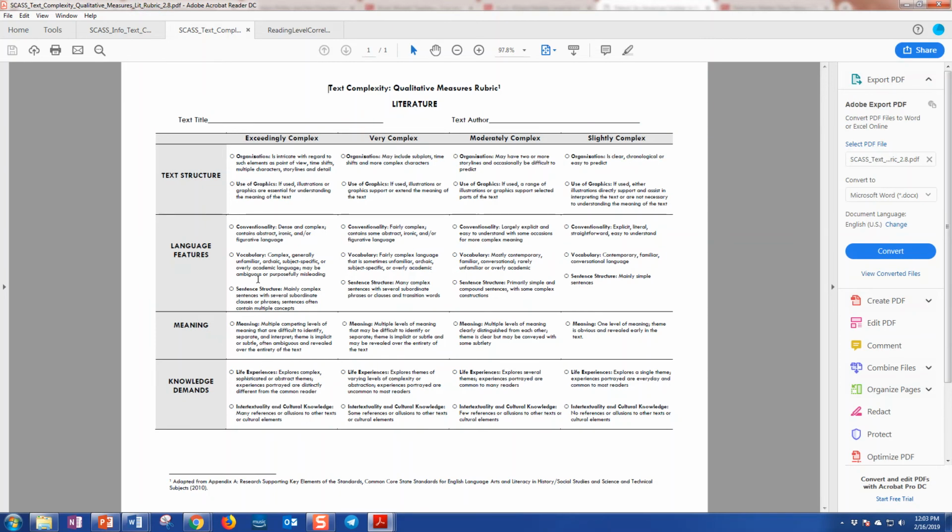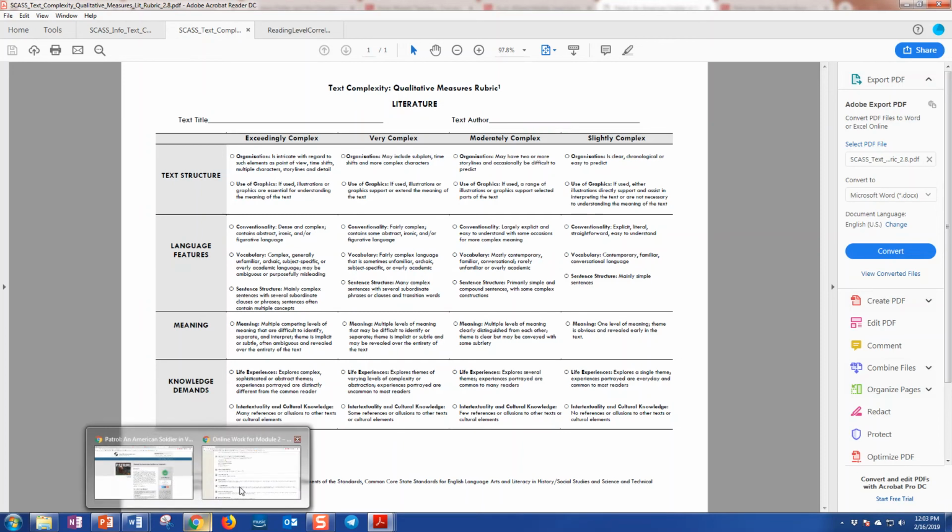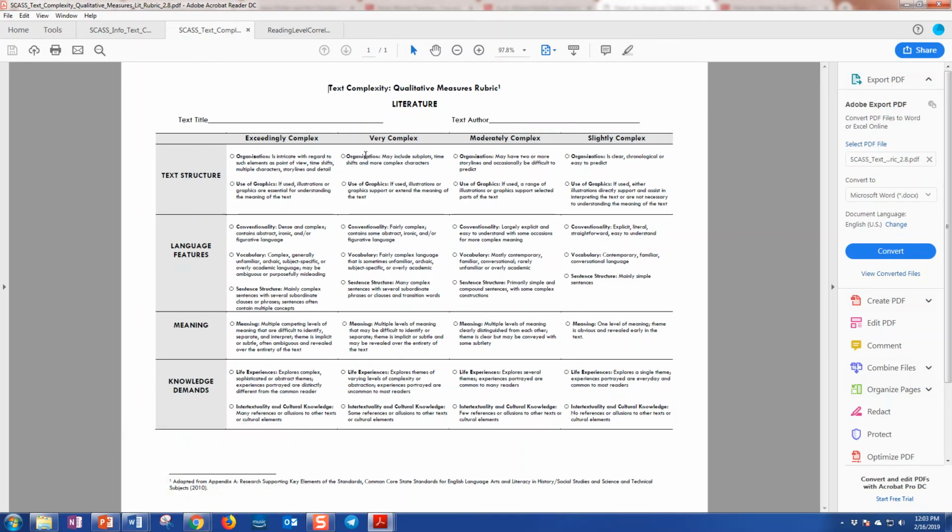Okay, and these very specific criteria can help us understand if, even though it has a Lexile level of 560, it's coming out as exceedingly complex when we look at these things, then it probably means that we need to use that book with readers that are a little bit more advanced, okay? That they can handle some of these other aspects of text complexity.